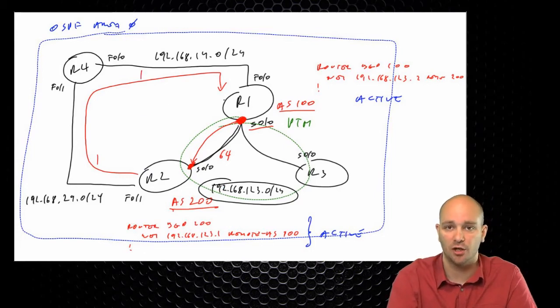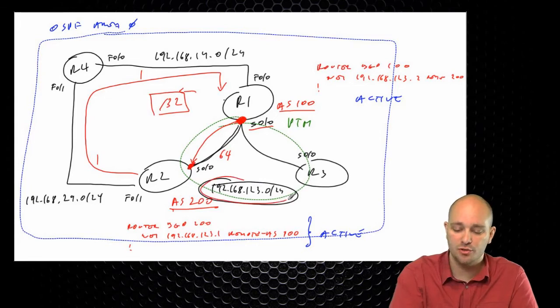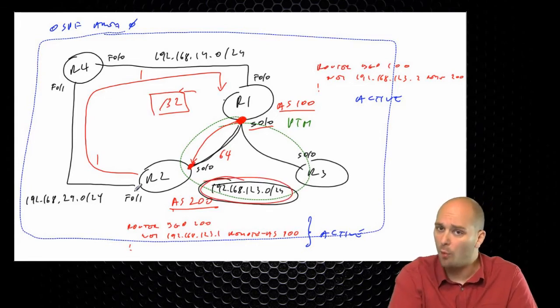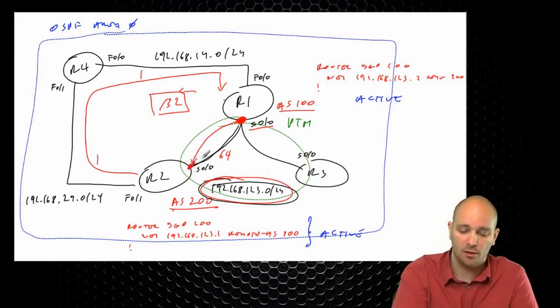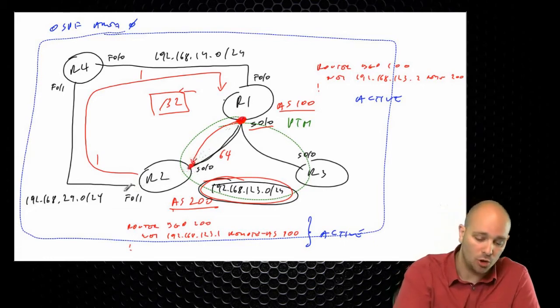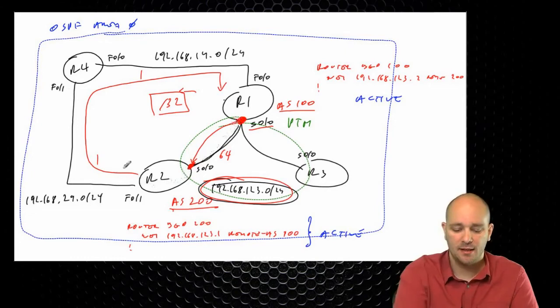The default cost here is 1. And remember, R1 will be advertising /32 here. And /32 will always trump /24. A more specific route always wins.